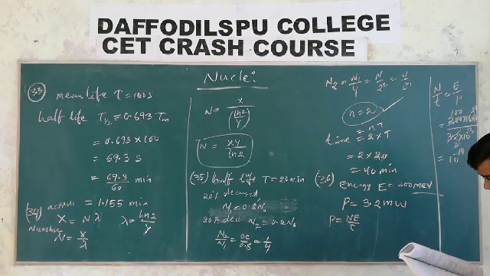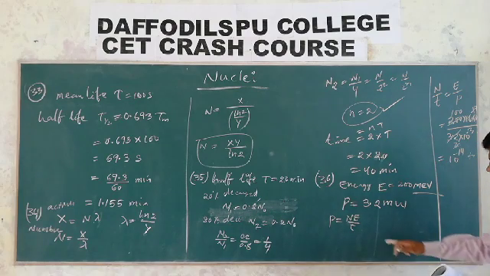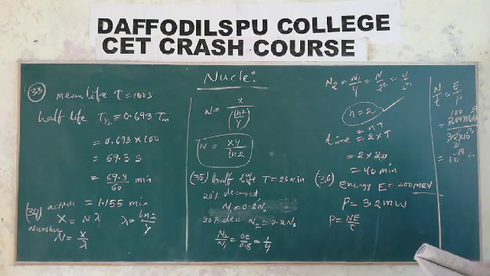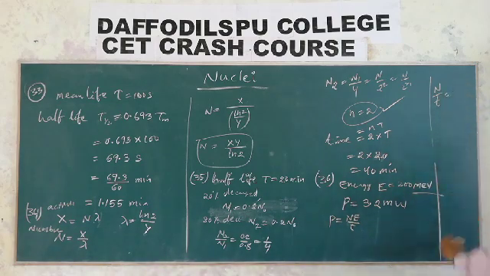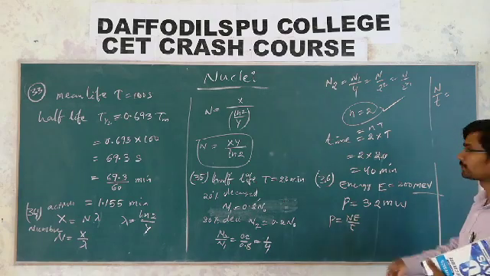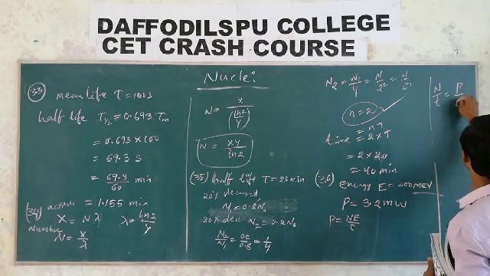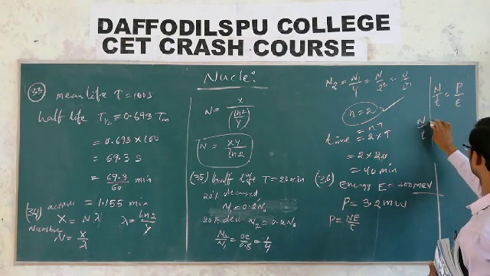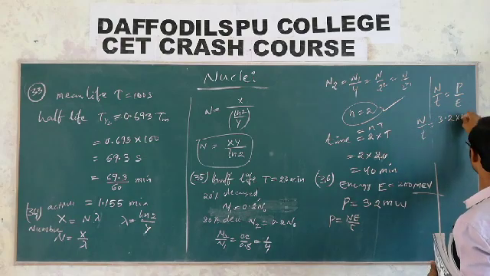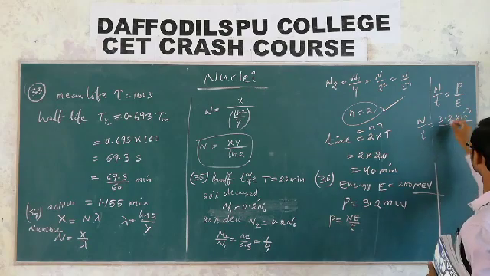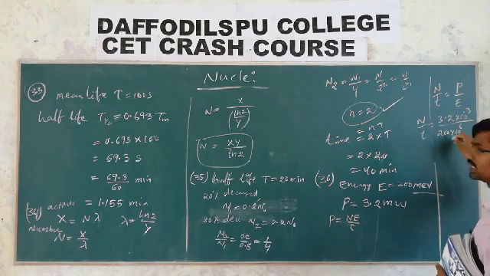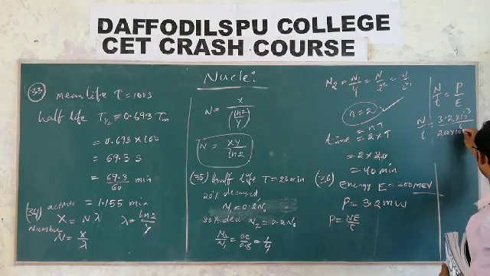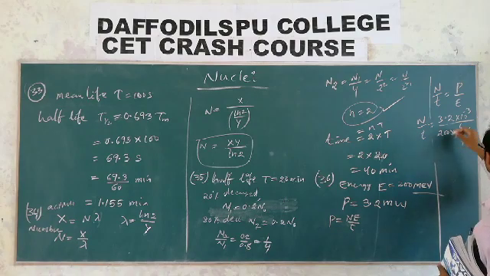Okay, sorry. Here we need to know that n by T is equal to P by E. We have gone wrong. P by E, not E by T. So n by T is equal to P by E. That is equal to 3.2 into 10 power minus 3 by energy 200 into 10 power 6 electron volt, 1.6 into 10 power minus 19.